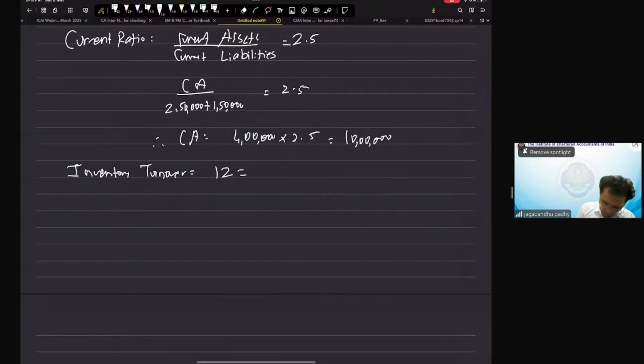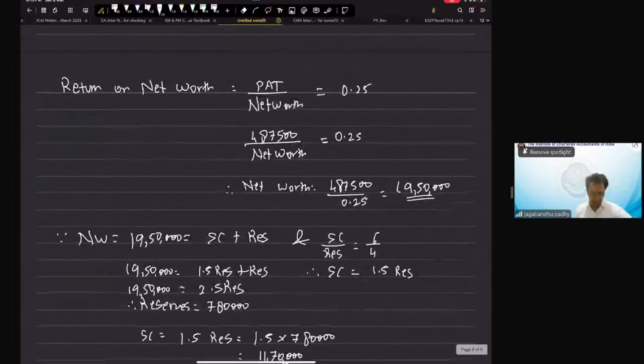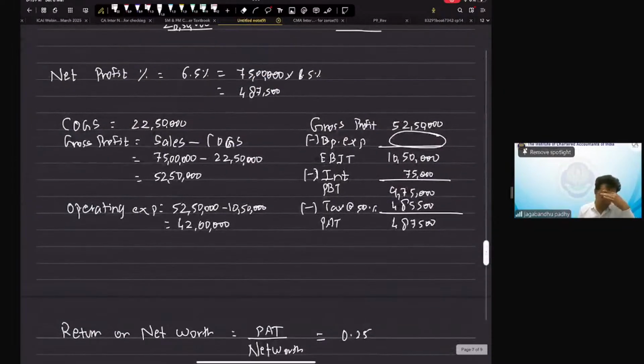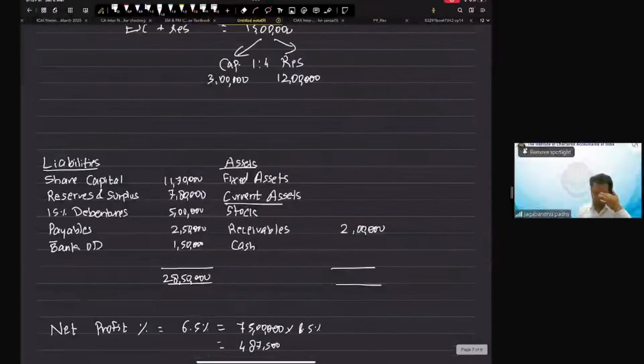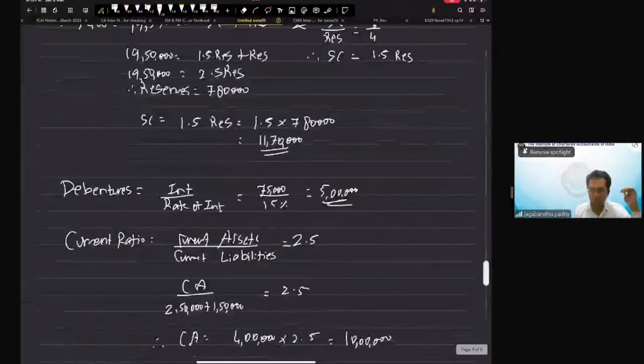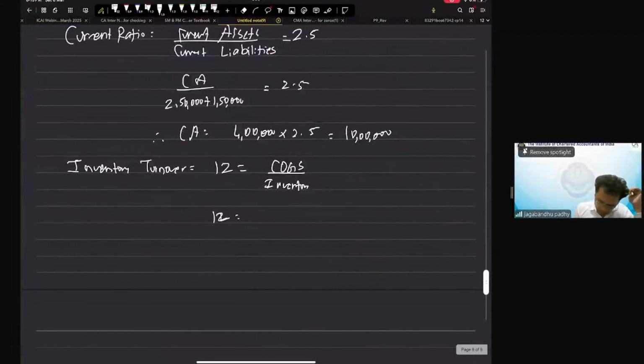How do we get this inventory turnover? This is COGS upon inventory. We know the information about COGS. Cost of goods sold, yes, 22 lakh 50,000, upon inventory.